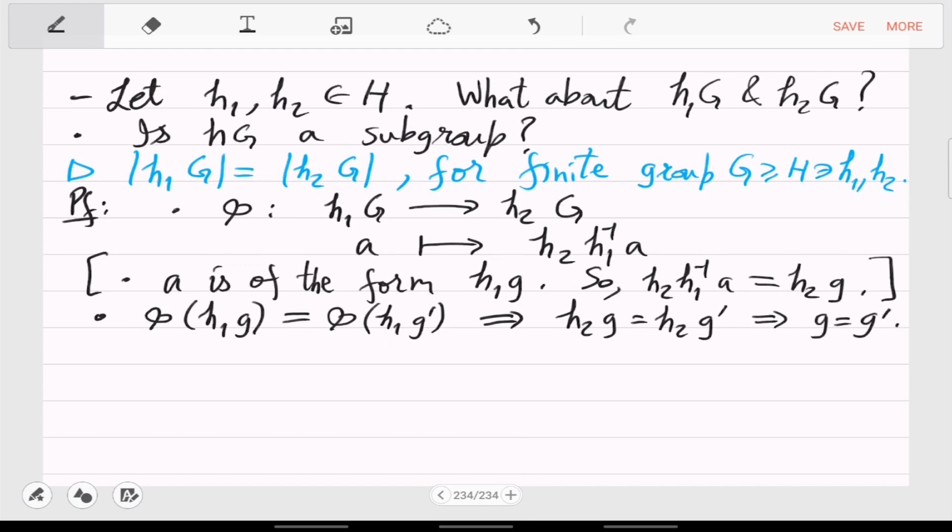So basically, two domain elements will give the same image if and only if they were equal. So that means that phi is an injection. How do you show that it covers every element in the image? Well, that is also clear, because if you want to cover H2G, then its pre-image you can take as H1G.